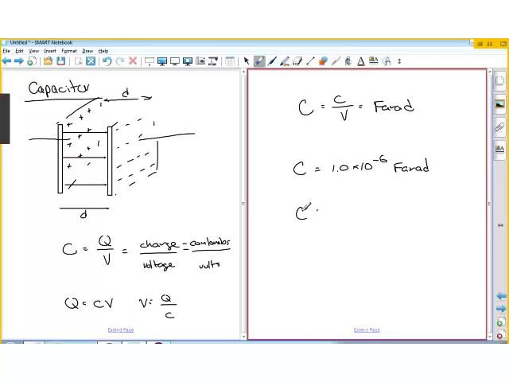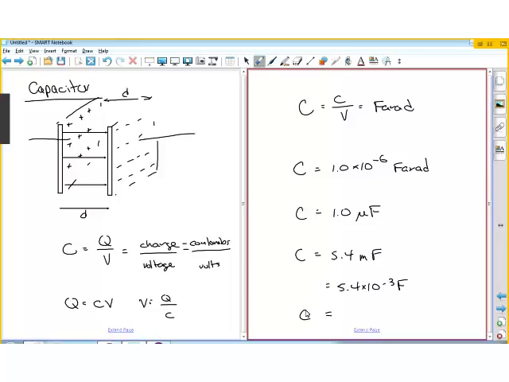Okay, so a farad. We would represent this as 1.0, and we'd use this mu sign to stand for micro. So it would be 1.0 microfarads. You could also have something like 5.4 millifarads. That's a fairly big capacitance. That would be 5.4 times 10 to the minus 3 farads.